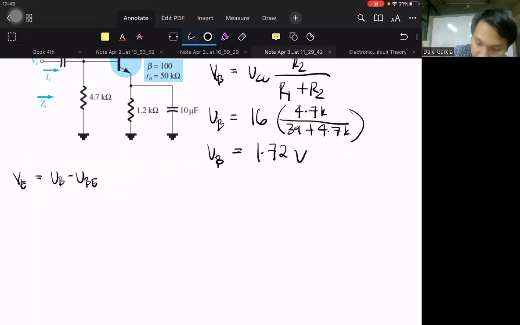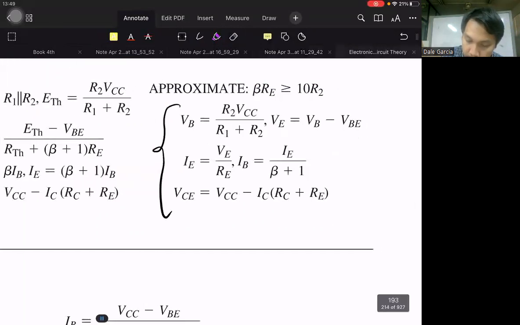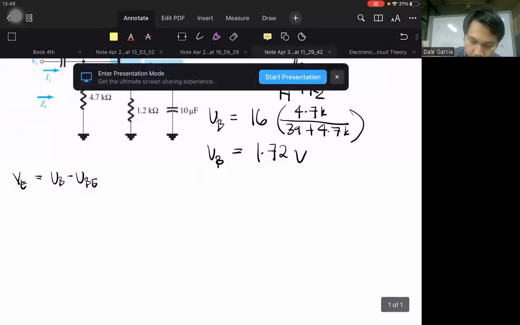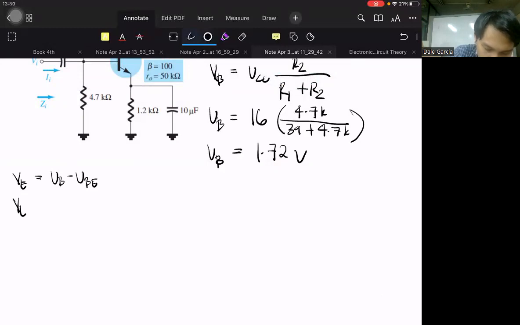So VE is 1.72 minus VBE of 0.7 constant. VE is 1.02 volts.